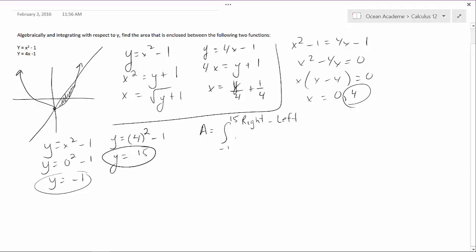So in this case, we're looking at square root of y plus 1 minus y over 4 plus a quarter. And let's just rewrite this. So this would be y plus 1 to the half minus y over 4 minus a quarter.